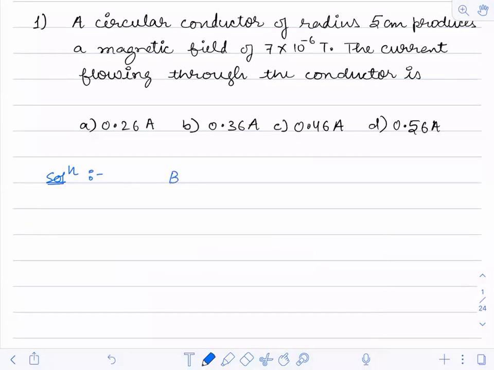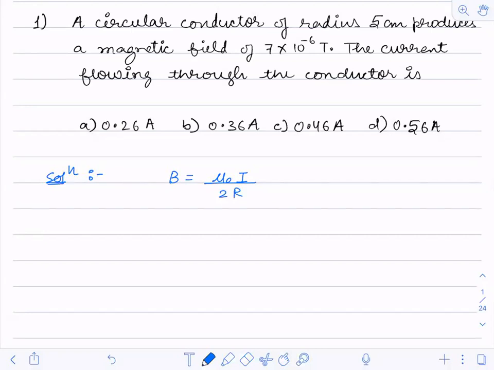So B, the magnetic field due to a circular coil, is written as mu naught into I, the current flowing through it, divided by, not 4R, it's 2R. It's 2 into R for the magnetic field.